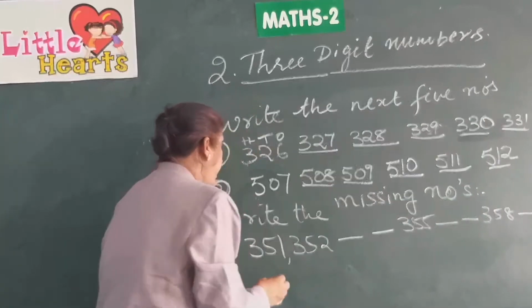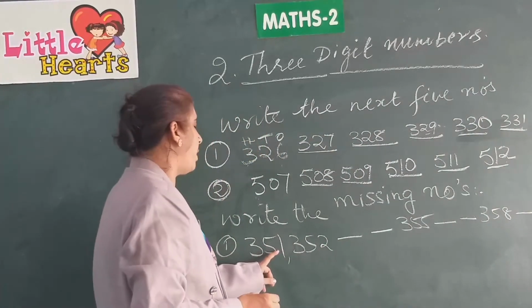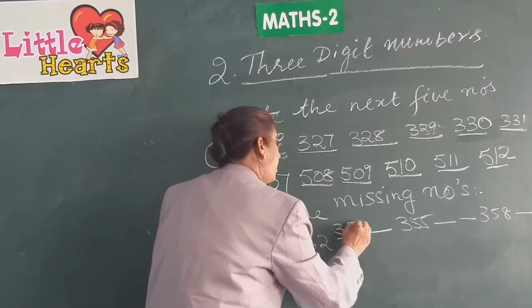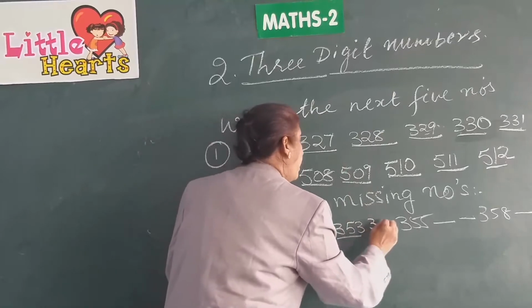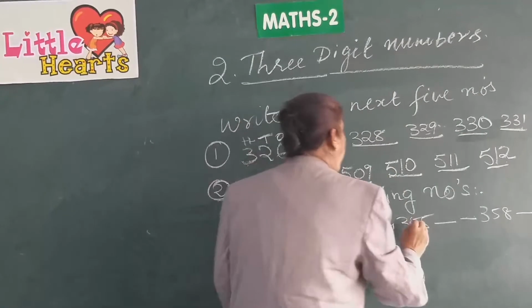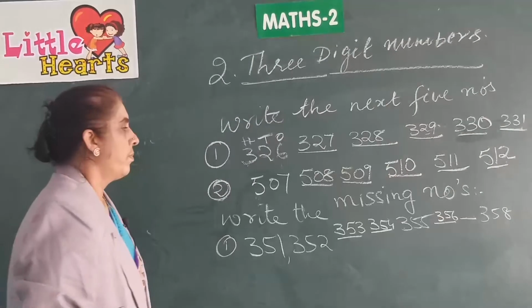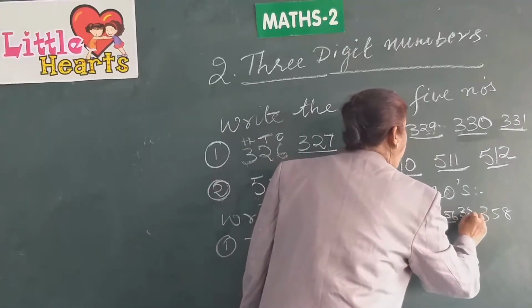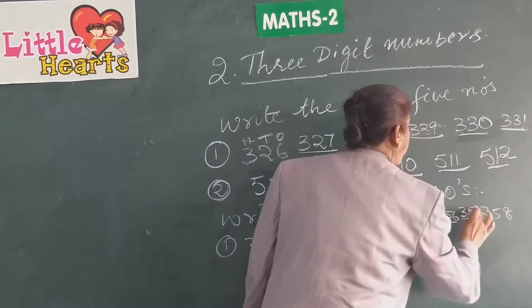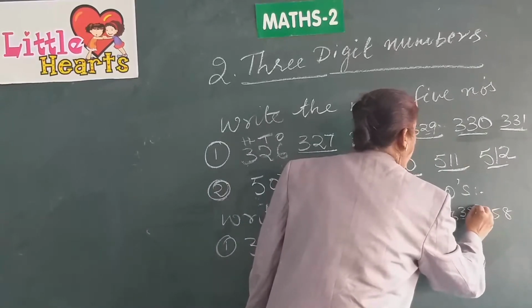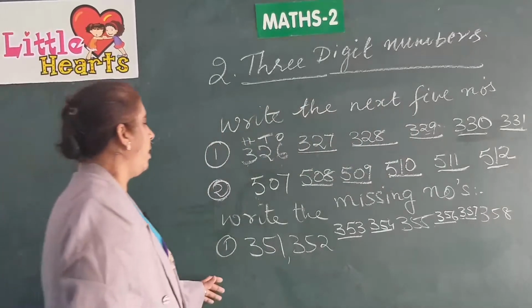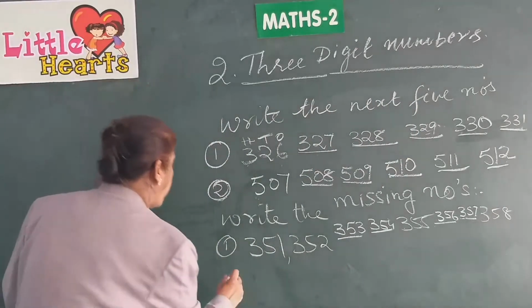How do you read this? 351, 352. Next comes 353, 354, 355, 356, 357, 358. In this way, you can write the missing numbers.